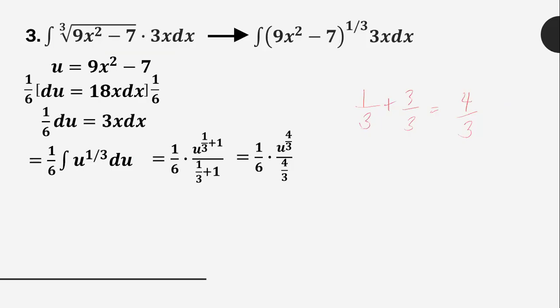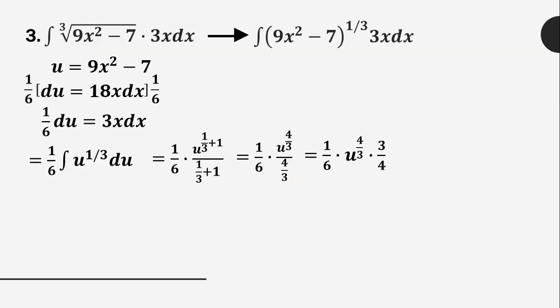So that's just very easy. And we apply KFR, which is keep flip reciprocal. The reciprocal of 4/3 is 3 over 4. So that becomes 1 over 6 times u raised to 4/3 times 3 over 4.